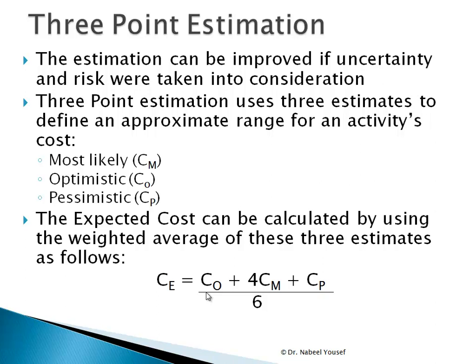Now here we have the most likely cost for an activity, and the optimistic cost and the pessimistic cost. And the same formula, but instead of using the time, we are using the cost here. So the estimated cost will equal the optimistic cost plus 4 times the most likely cost plus the pessimistic cost, all divided by 6.